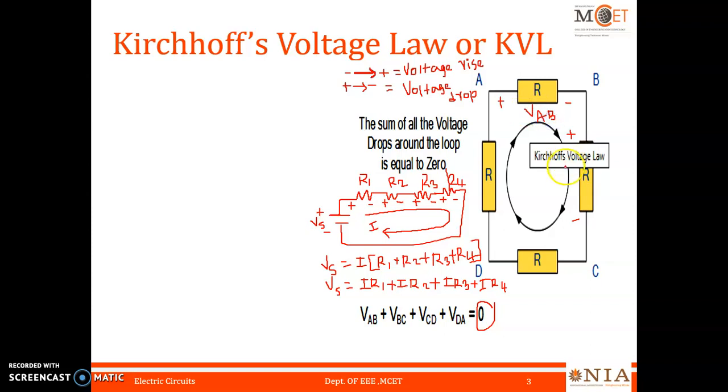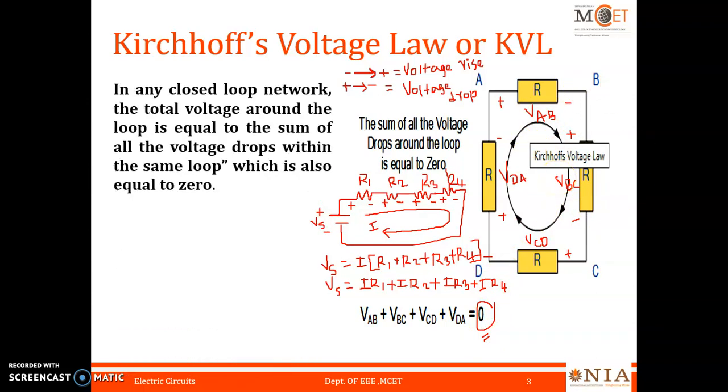Similarly, the voltage across the resistive branch element at terminal BC is VBC, at terminal CD is VCD, and at terminal DA is VDA. So all the drop elements are equal to 0 since there is no rise element in the given circuit.